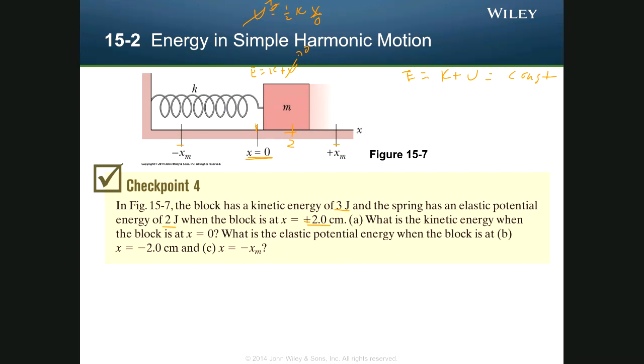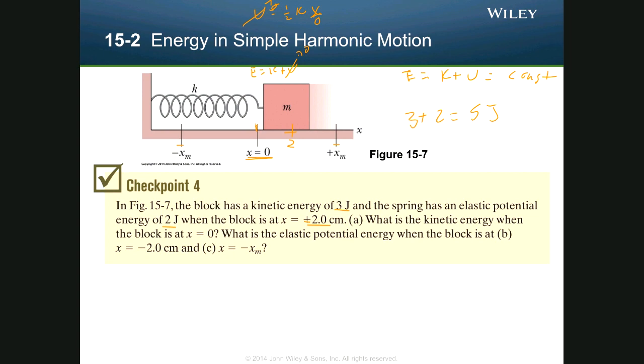So the kinetic energy at x equals 0 should be equal to the total energy, and the total energy will be 3 plus 2 equals 5 joules. That energy is always constant. You can find the total energy at any point. So good, I think you got 5, good.